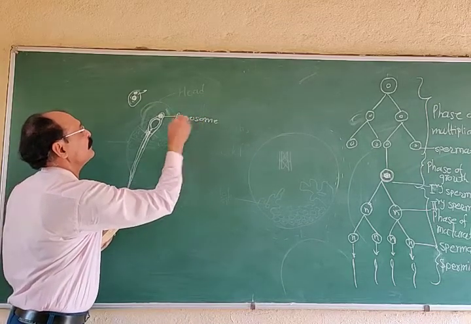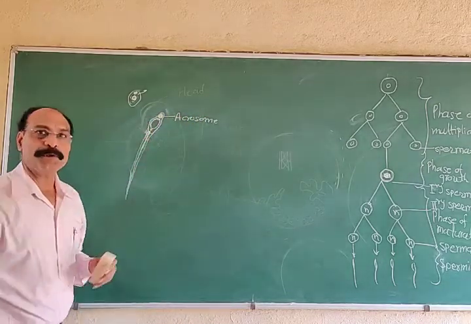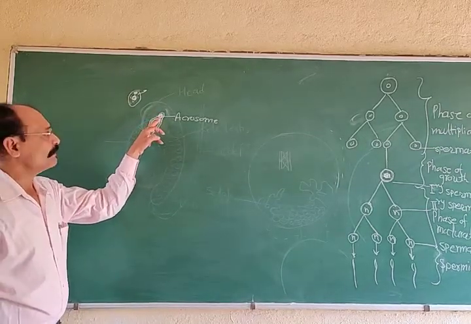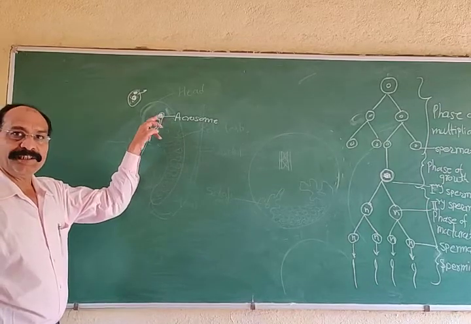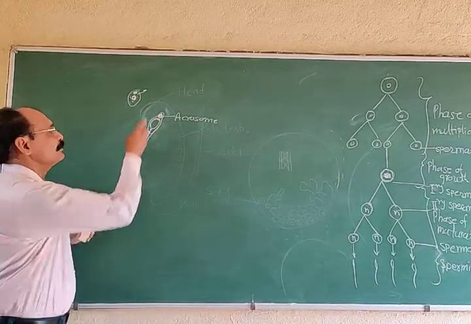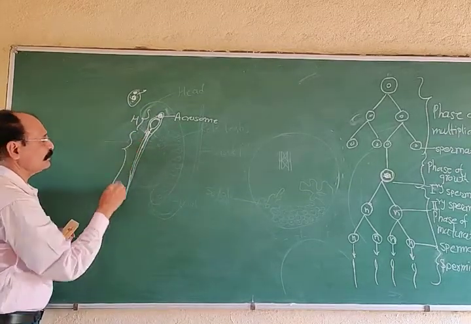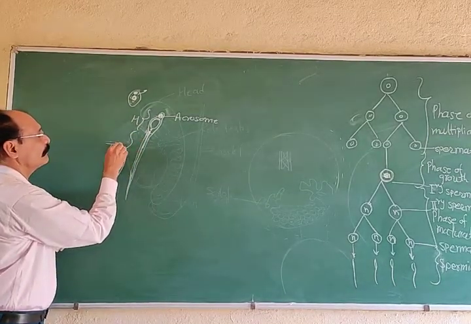In this acrosome there are proteolytic enzymes which are secreted by the Golgi complex, and this acrosome is on the anterior side of the head. So this structure is the head, and the next structure is called the tail.